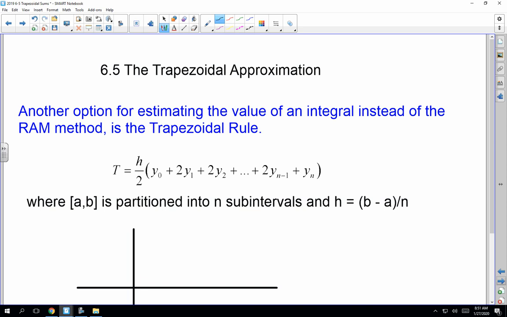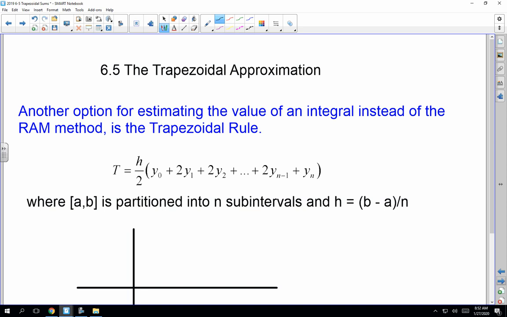It's T equals, big T is for the trapezoidal rule, h over 2, so go ahead and write this down, of y0 plus 2y1 plus 2y2 plus, in other words, you're doubling the y values of all those middle ones, which totally makes sense, I think, if you think about those trapezoids, and then leaving the endpoints as just single values. So you've got y0 on one end and y sub n on the other end. That's it.